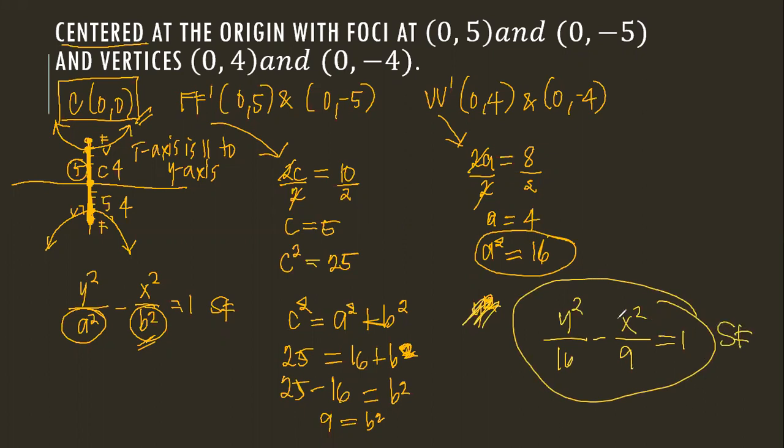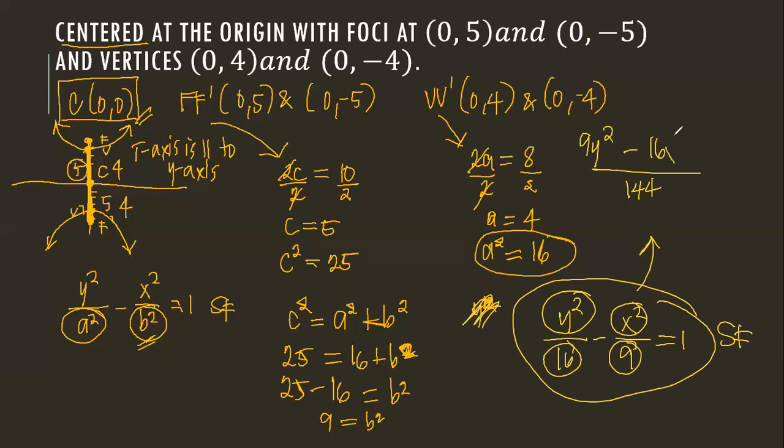To get the general form, just get the common denominator. 16 times 9 is 144. Then 9 times y squared is 9y squared, minus 16 times x squared is 16x squared, equals 1. This is over 1, then cross multiply. That is 9y squared minus 16x squared equals 144 times 1, which is 144.